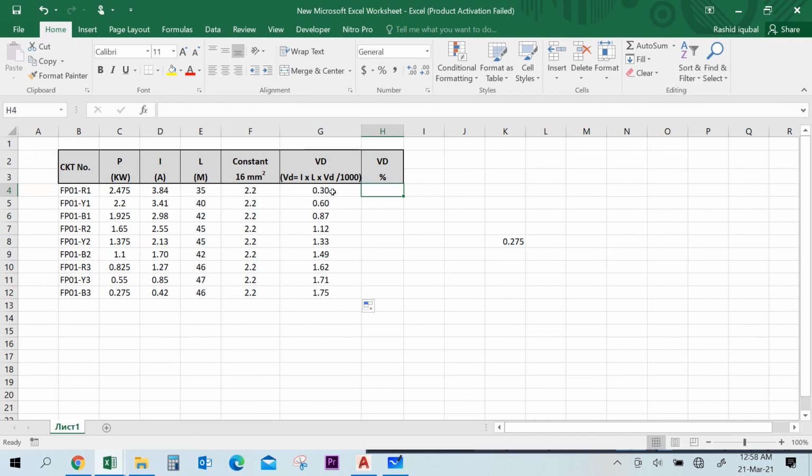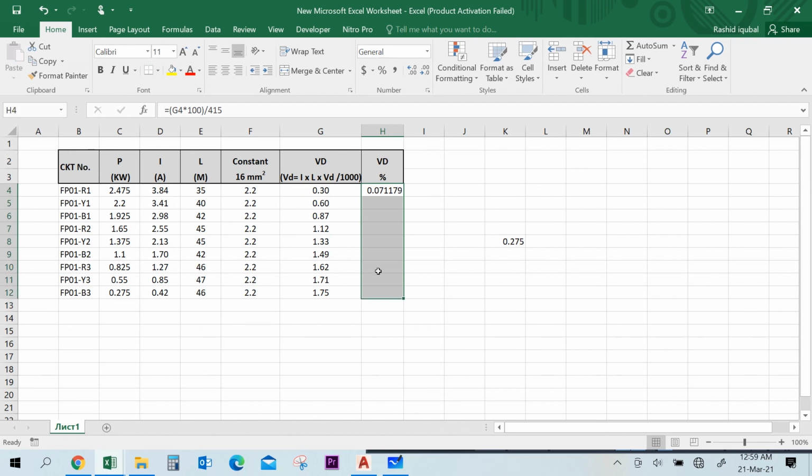Now we will find the voltage drop percentage: voltage drop into 100 divided by 415. This is the percentage.